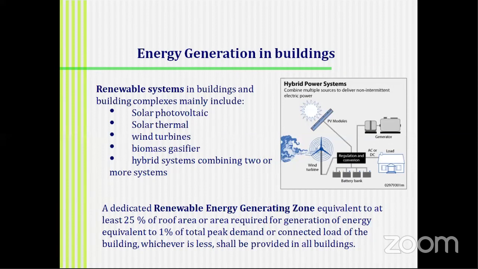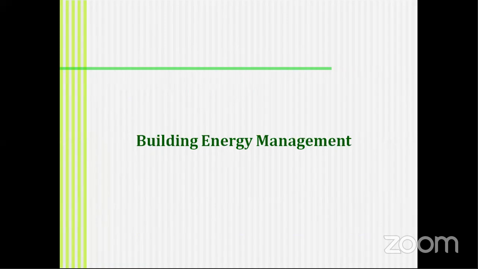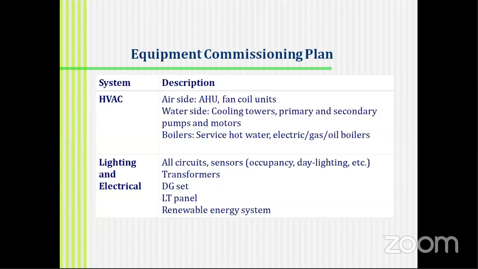Hybrid systems are being integrated, but still at a very marginal level. For example, 1% of total peak demand is all that is a mandatory requirement when it comes to Griha. So I think we need to have maybe 20%, 30%. Very soon we need to ensure that we are trying to be energy independent and generate energy within the building complex.